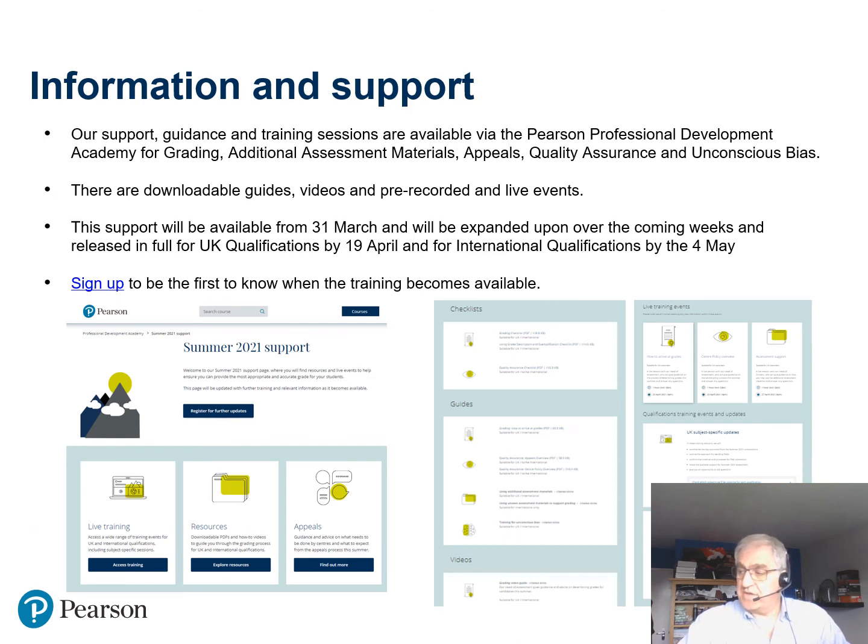Let's finish with something about support and information, where else you can find it. The images on this slide have been taken from the Pearson Professional Development Academy, and that's a separate website to the Pearson Qualifications website.